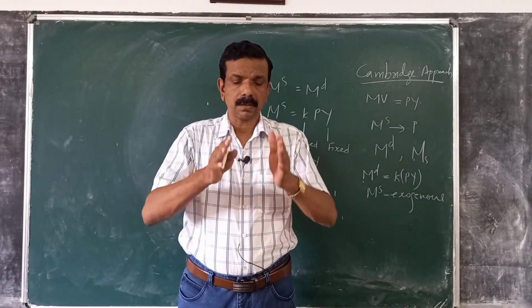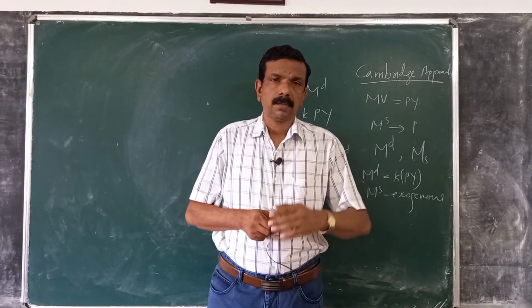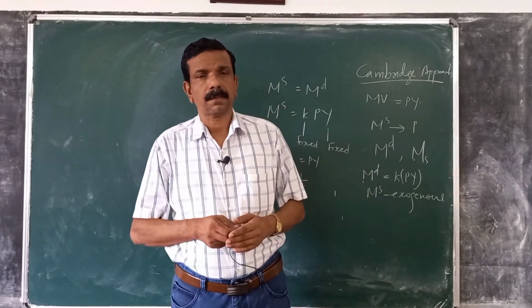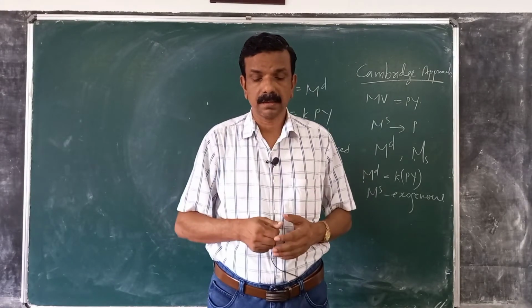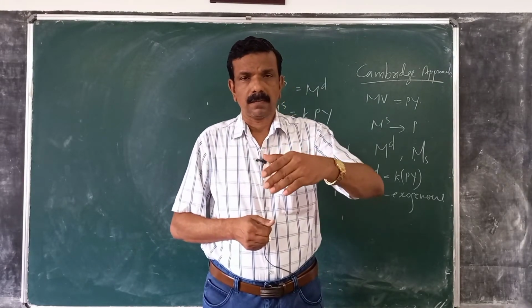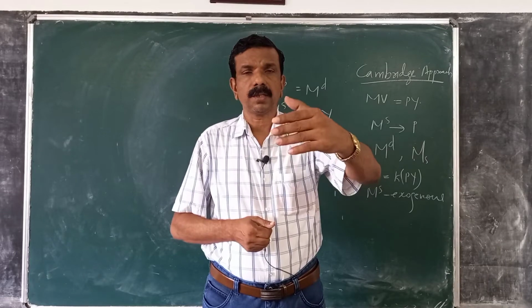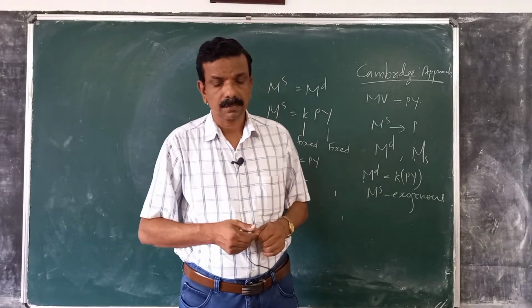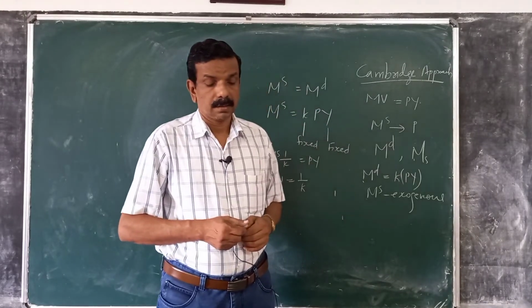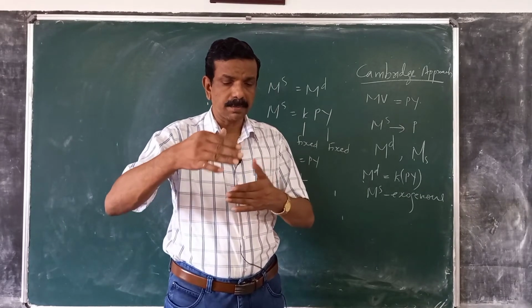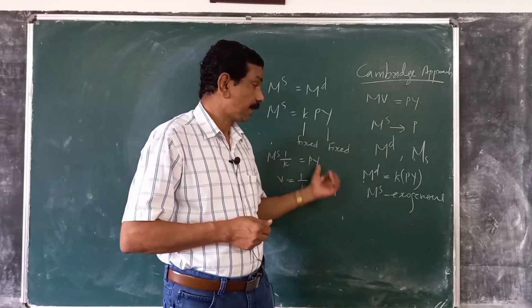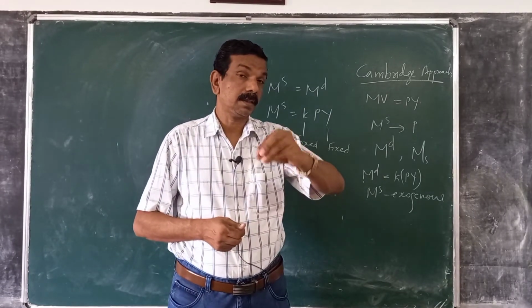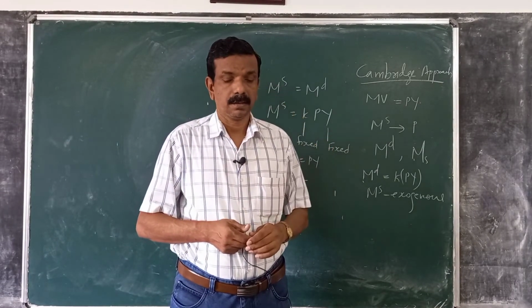But although both versions are equivalent, the Cambridge version is one step ahead when you consider modern monetary theories. Also, quantity theory in its Cambridge version is a theory of demand for money.